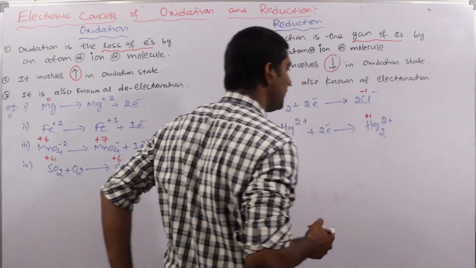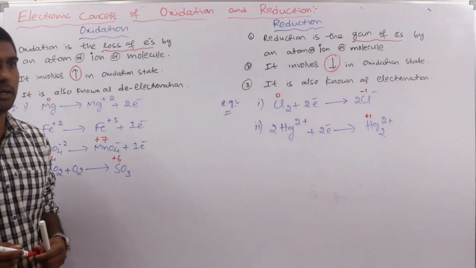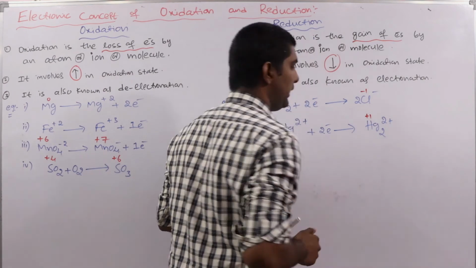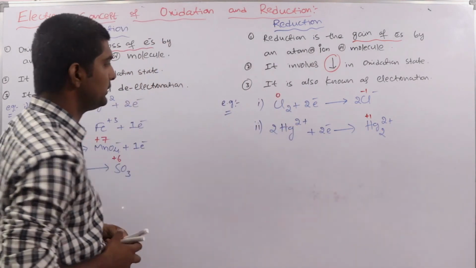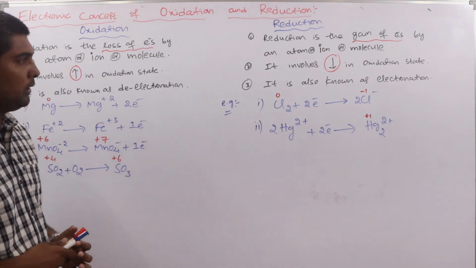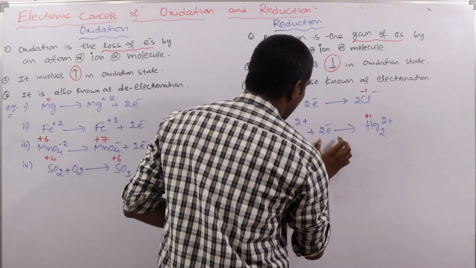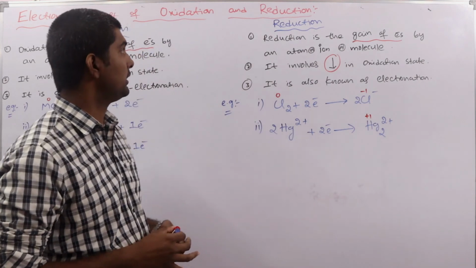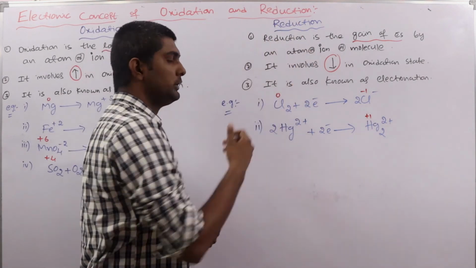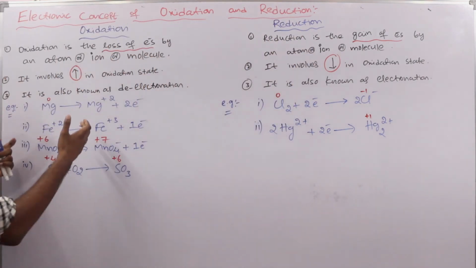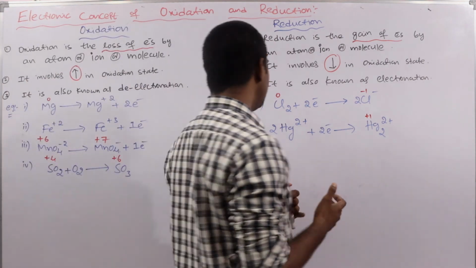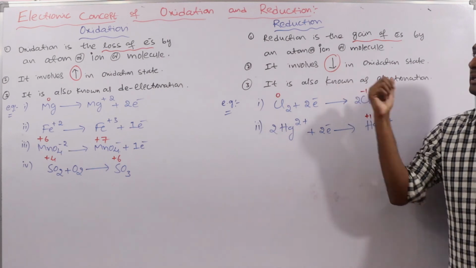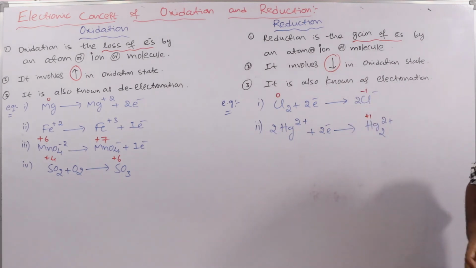Hg2 2+, each mercury carries +1 oxidation state. Here what is the oxidation state? +2. Clear? So addition of electrons is considered as reduction, removal of electrons is considered as oxidation. So this is about the electronic concept of oxidation and reduction.